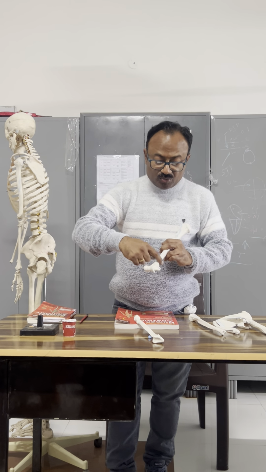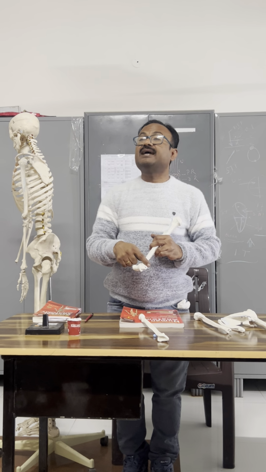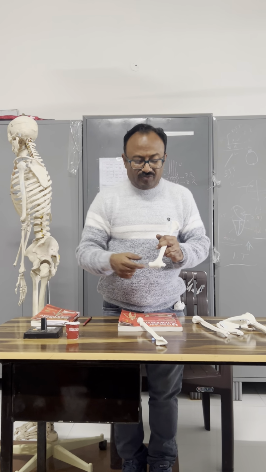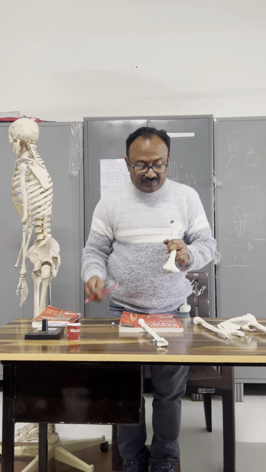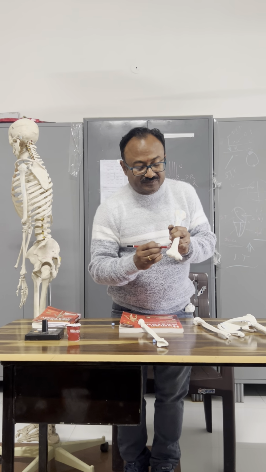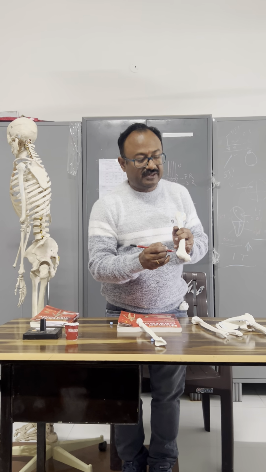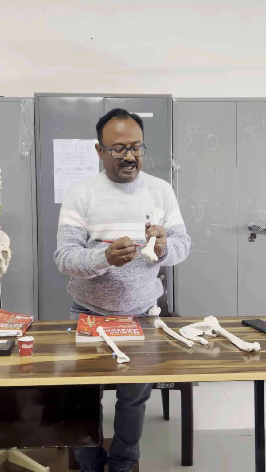Medial supracondylar ridge gives origin to pronator teres. So we have seen the five muscles. Okay, what sorts of muscles is there? Upper 2/3 part of the lateral supracondylar ridge, brachioradialis.